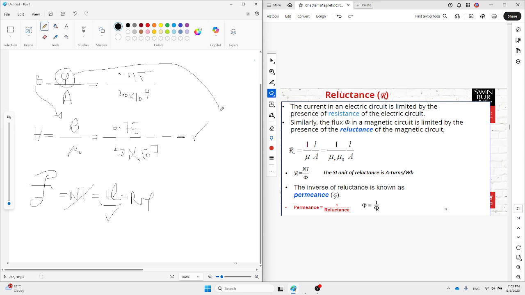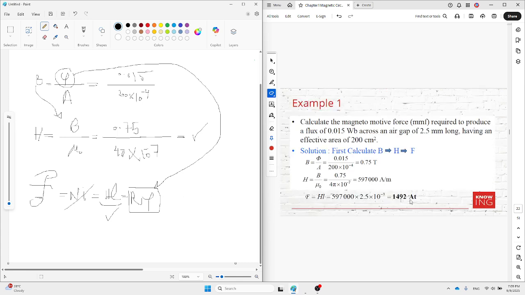So the other way to calculate that is to calculate R, then multiply by phi, and finally the same answer should appear. The value for MMF comes in ampere turn, where N is turns and I is in amps.